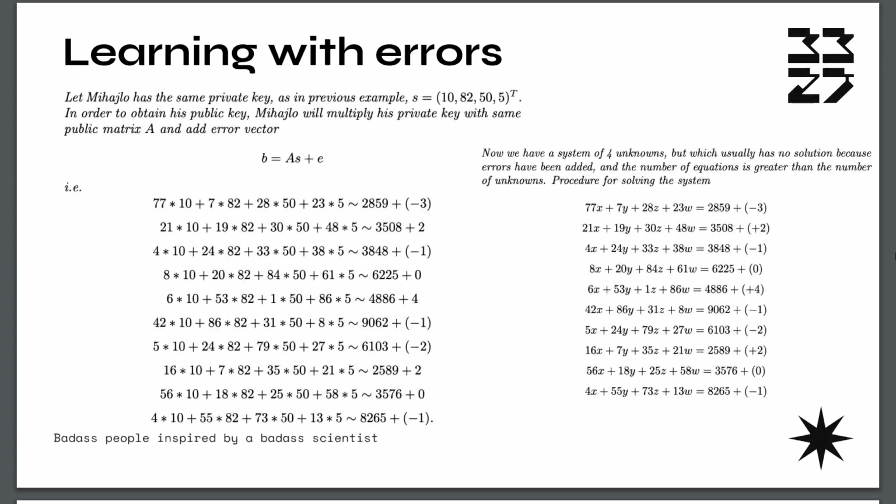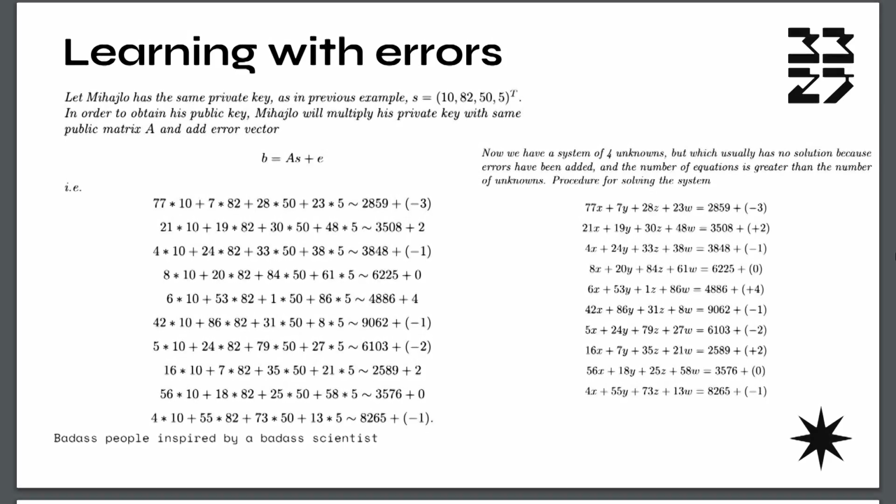So let's start. We will have the same example as we had before. And now, in order to calculate Mihailo's public key using Mihailo's private key, we will multiply the public matrix A with the private vector, this little s. And then we will add errors.